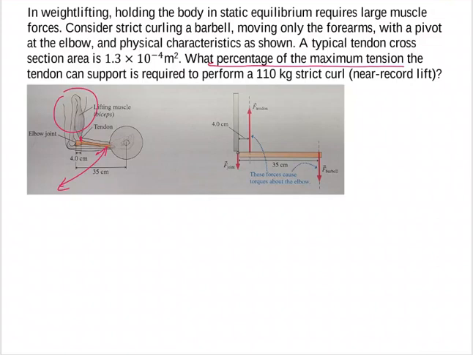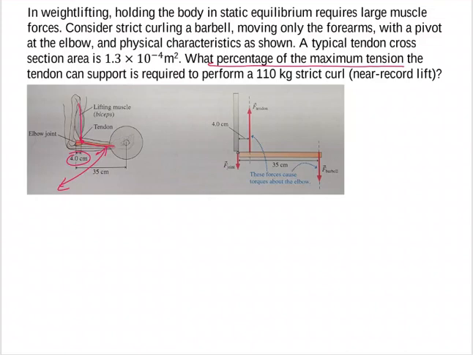I don't know. Let's see. So here, let me get rid of that circle. Okay, so let's look at what we have. We have the bone that the biceps connects to right here. The biceps comes down and connects with its tendon right here, and this distance from the end of the bone to where the tendon connects is 4 centimeters.